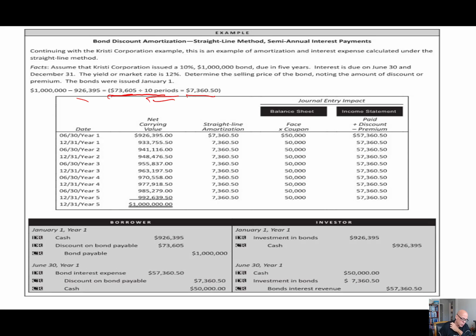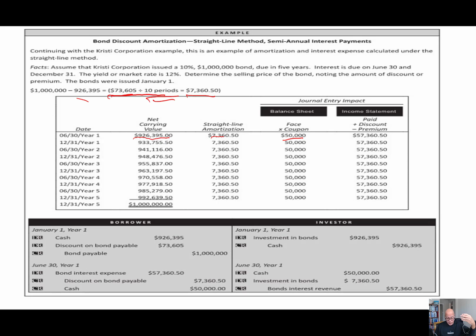Okay, so we come over here and we have the $926,395, right? That was the carrying amount of the bond when we first issued it. We amortize the discount. We know that we're going to pay $50,000 of interest every 6 months, and then we're going to have to pay $73,605 more than we borrowed.